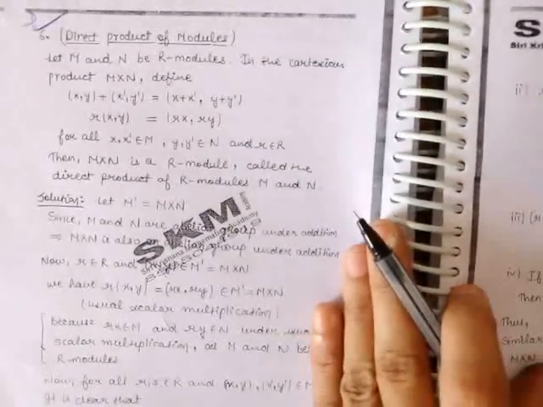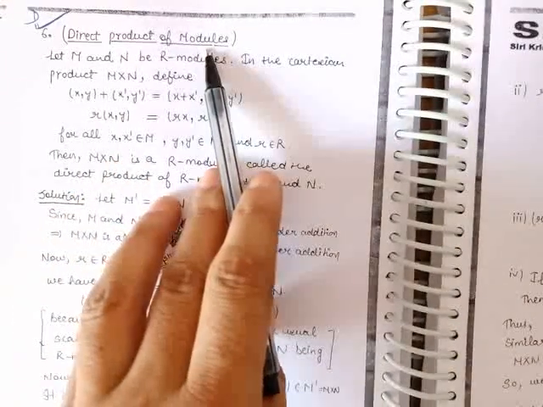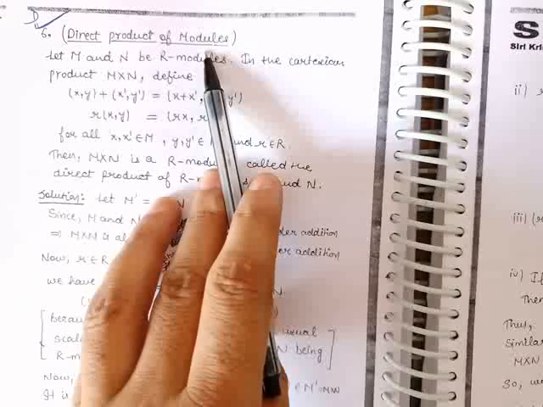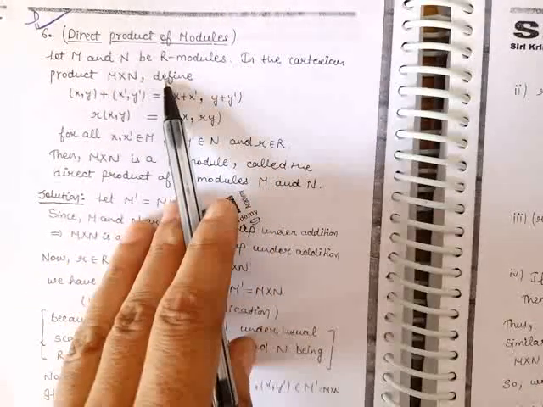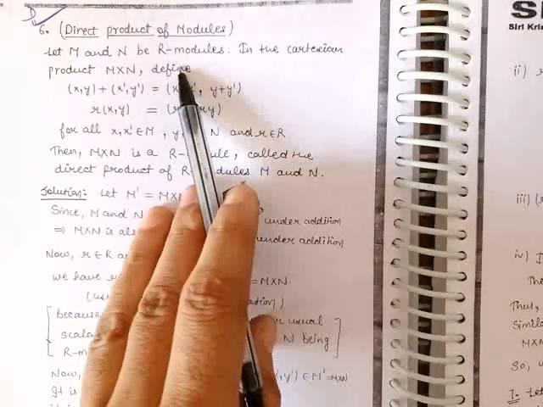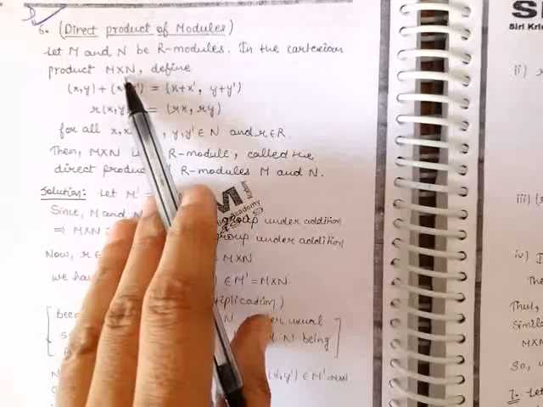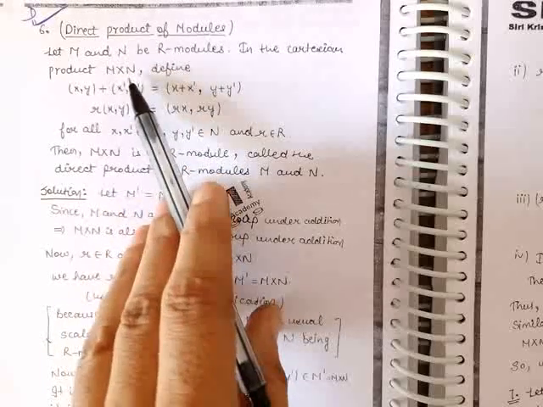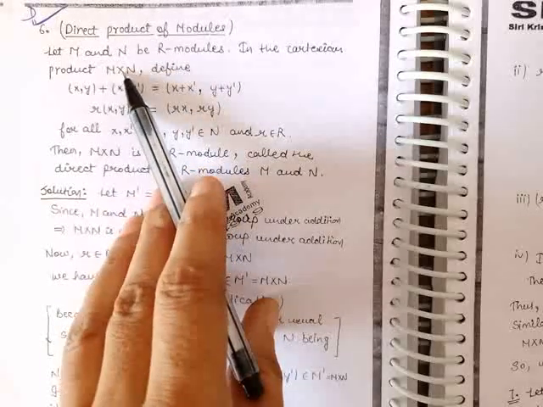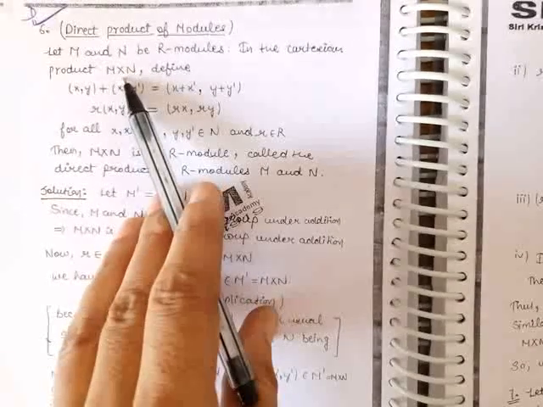Now let us see one more example in which we prove that the direct product of two modules is again a module over a ring. So let us take M and N as two modules over the ring R and we define their Cartesian product M cross N. In M cross N we define vector addition and scalar multiplication in order to prove it a module.